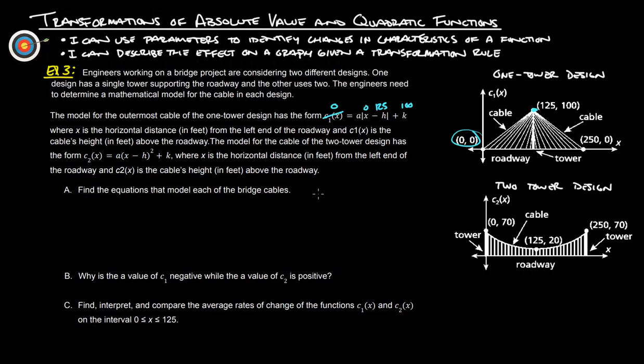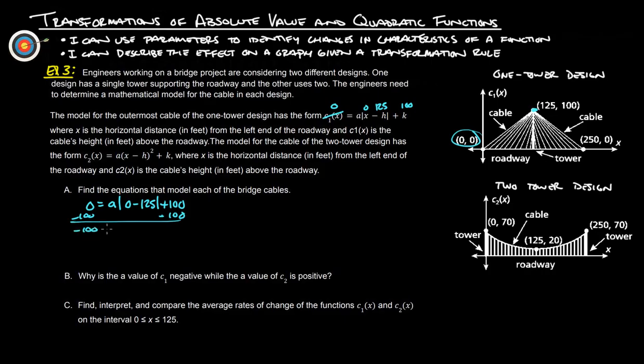So really what we have now is we've got 0 equals a, which we don't know. That's what we're trying to figure out. A times the absolute value of 0 minus, we know the h is 125, and then plus 100, right? Now we're just going to solve this thing. So we subtract 100 from both sides.